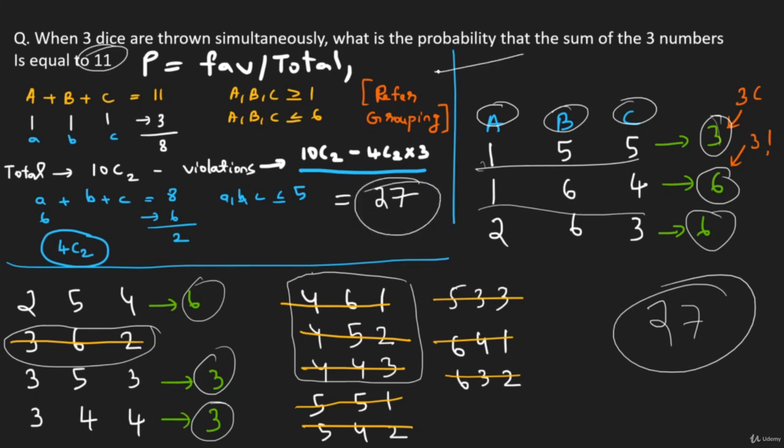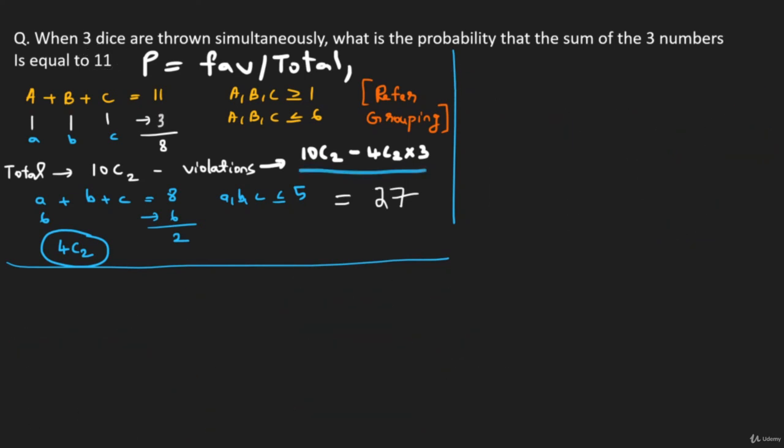So, following this method, we do it much faster and we avoid making careless mistakes. Alright, let's move ahead with the question and find the probability. The question says we need to find the probability such that the sum is equal to 11. We have found that there are 27 cases in which the sum will be 11. Now probability is favorable by total. So favorable is 27.